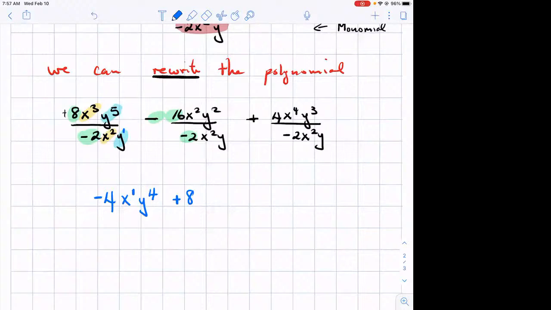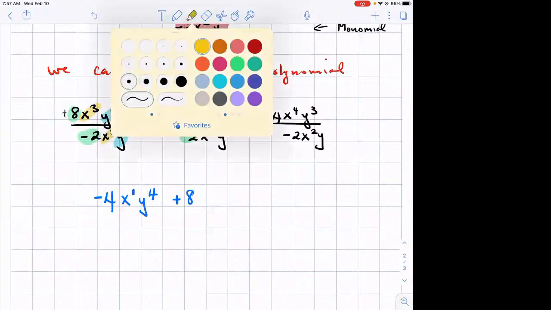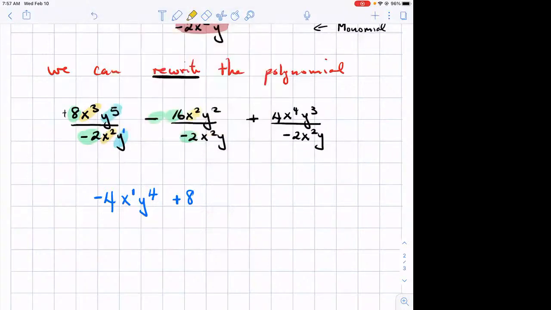Now, pay attention to what will happen here. X squared, x squared. So we can either rewrite this as x to the 0, because 2 minus 2 is 0, and then y to the 1, because 2 minus that invisible 1.